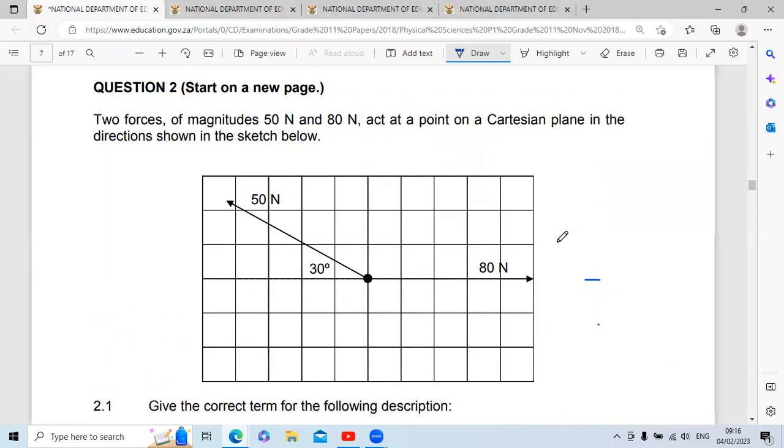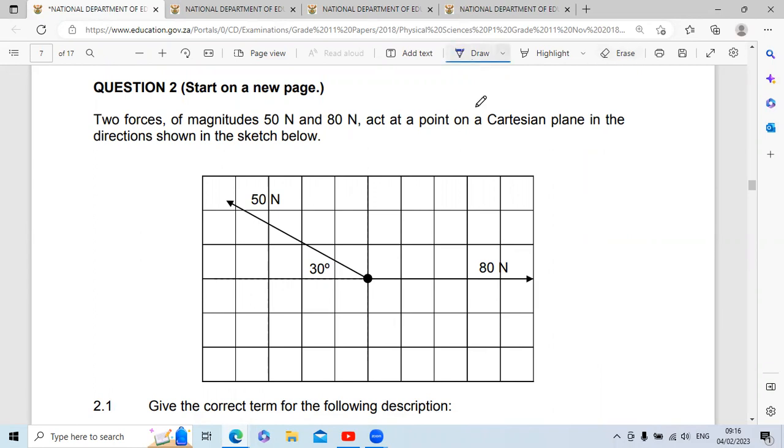So in question two, they say that two forces with the magnitude of 50 newtons and 80 newtons act on a point in the Cartesian plane with the directions below. So basically, we're going to be dealing with these two vectors.